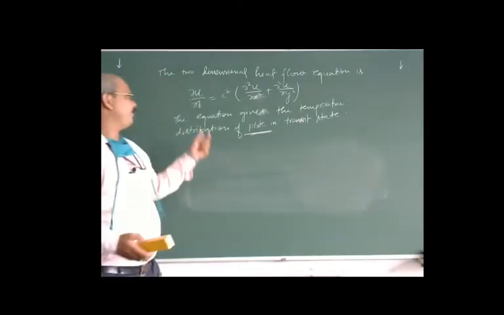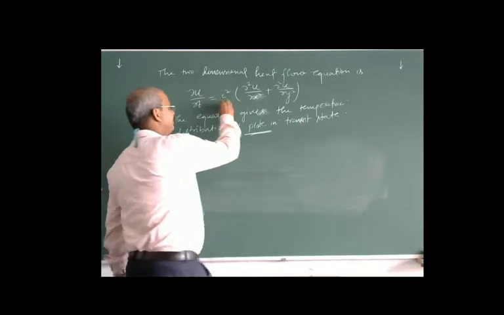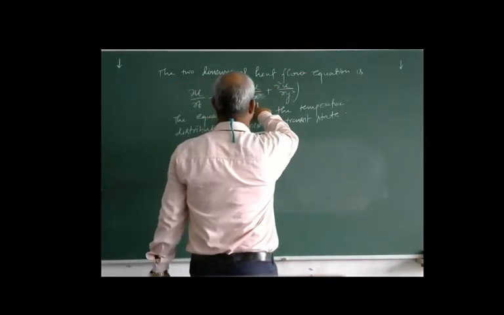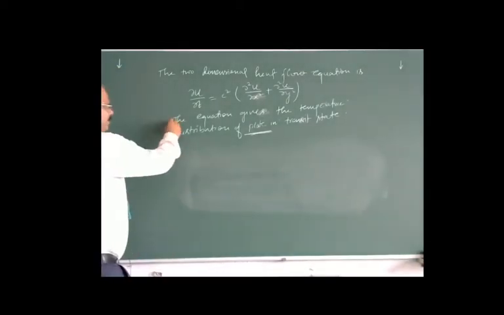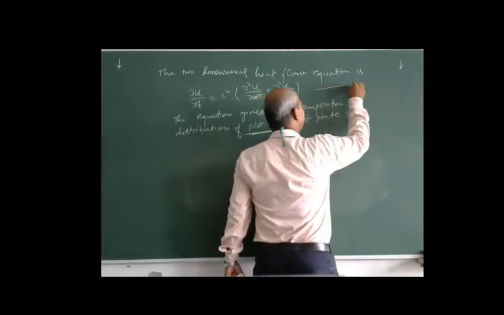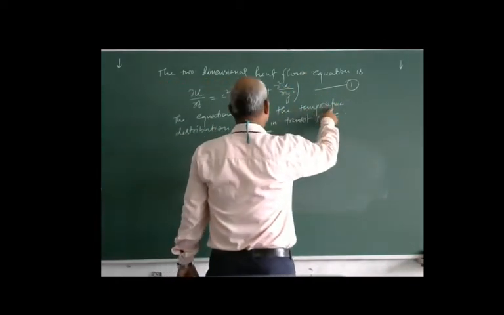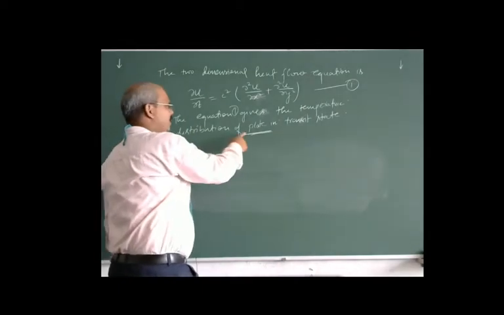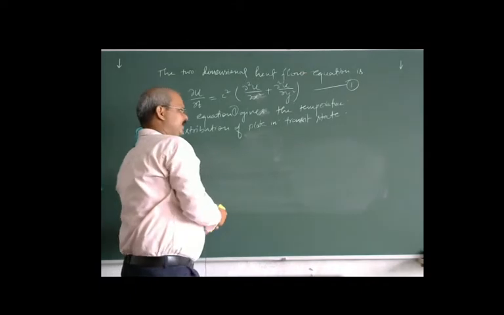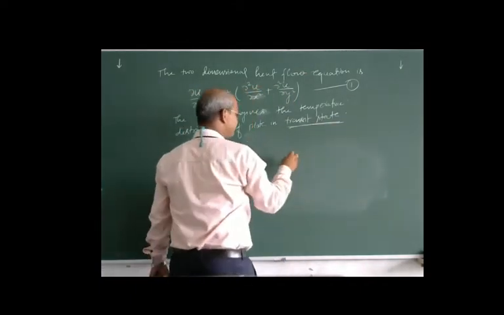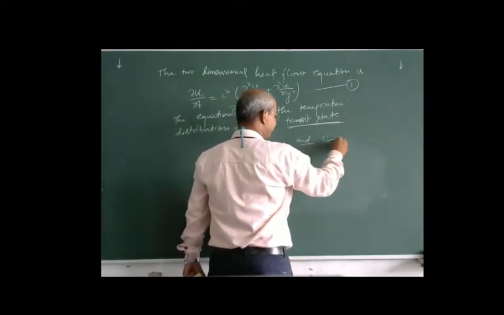Here, the equation of two-dimensional heat flow is del U by del T is equal to C square into del 2U upon del X square plus del 2U upon del Y square. Equation 1 gives the temperature distribution of a plate in transit state. There are two states, transit as well as steady state.